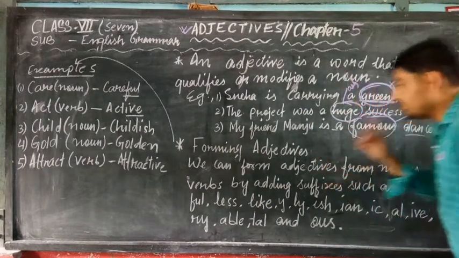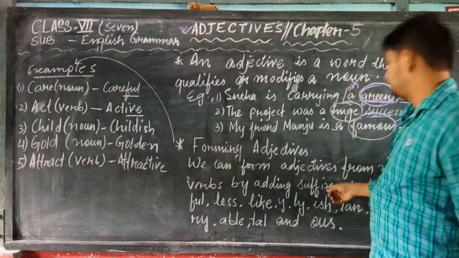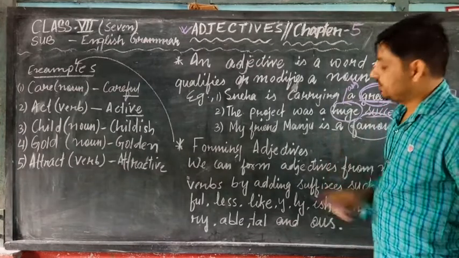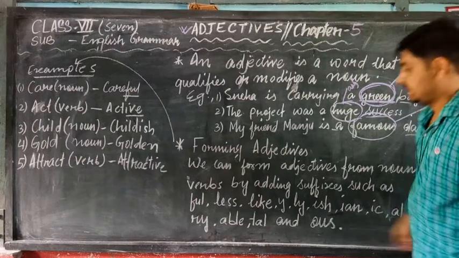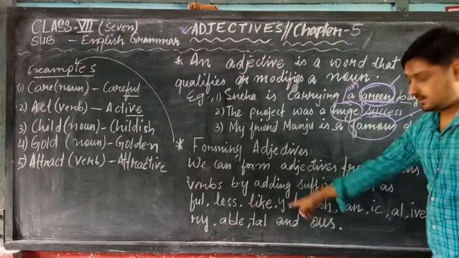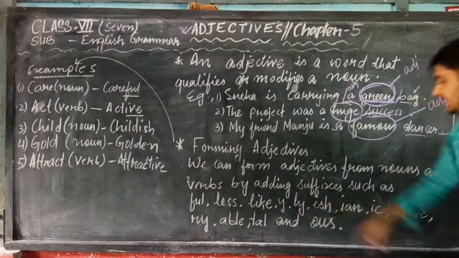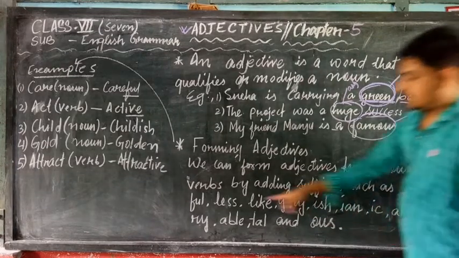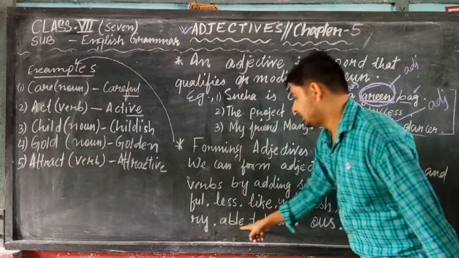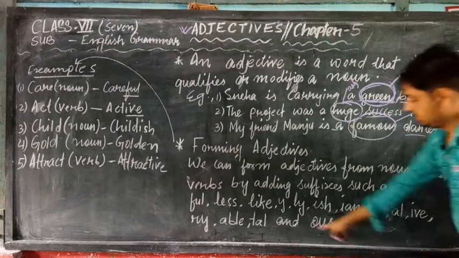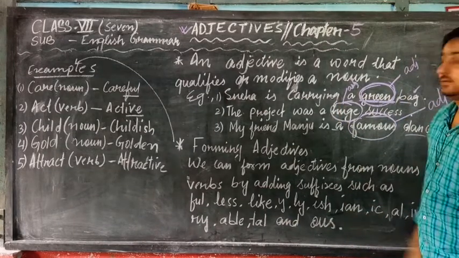But here you need a suffix. At the end of a word, you need to add letters like ful, less, like, y, ly, ish, ian, ic, al, ive, ry, able, tal, and ous.